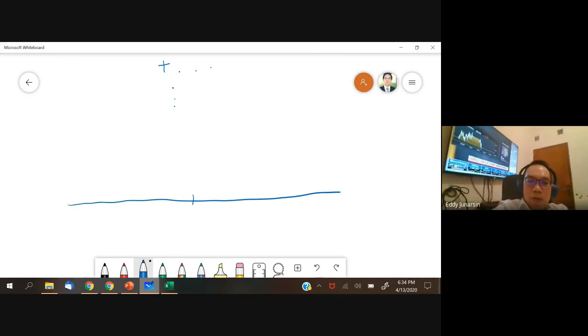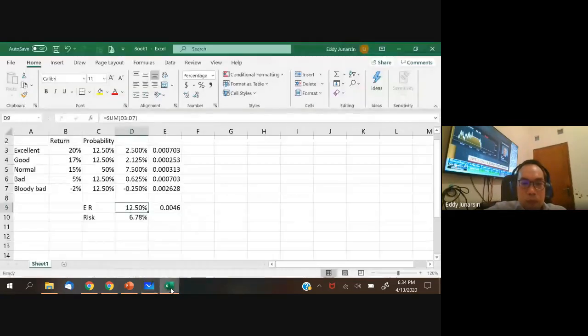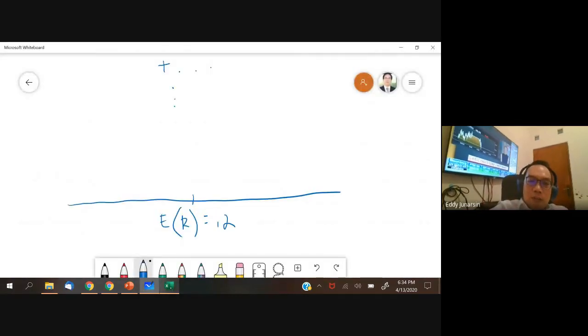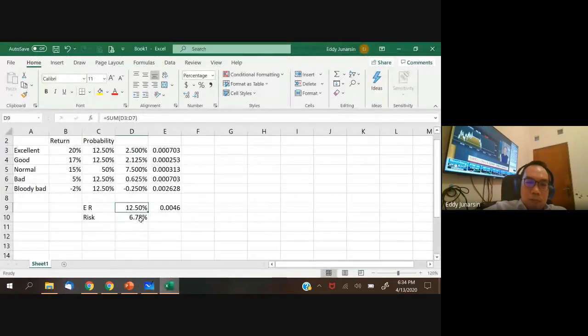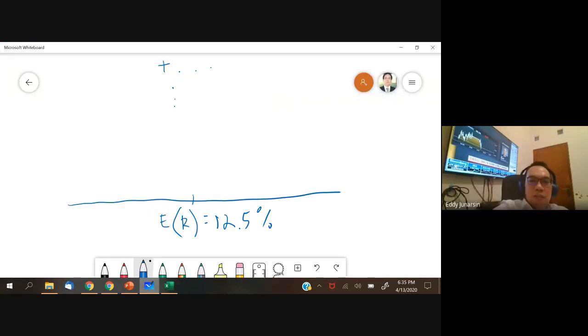From the information, we know that the expected return is, what is it again? 12.5%. And you remember our discussion just now, that risk or the standard deviation is the potential deviation from its expected return. So you could imagine in your confidence interval, we could make estimates, right?